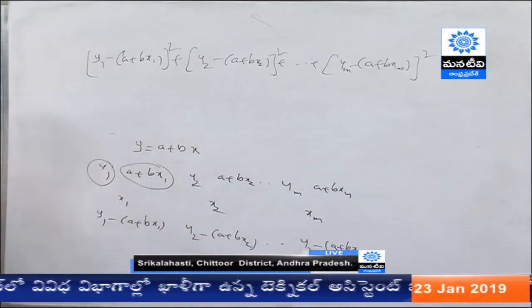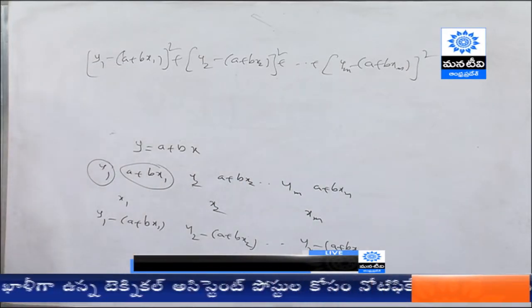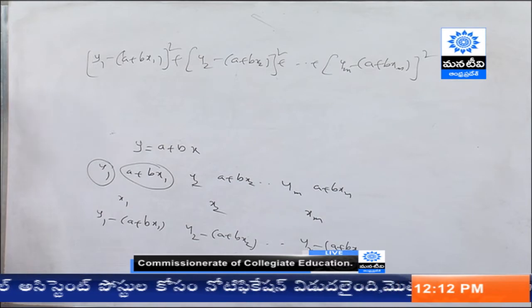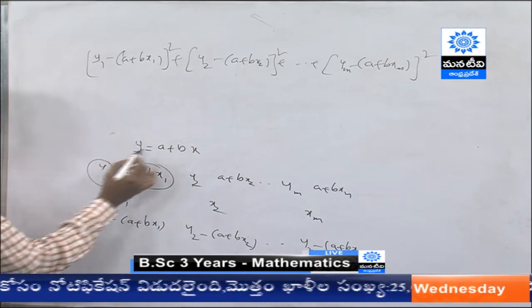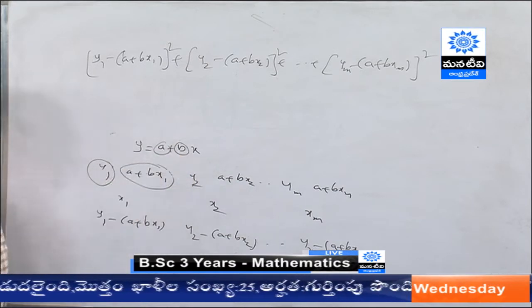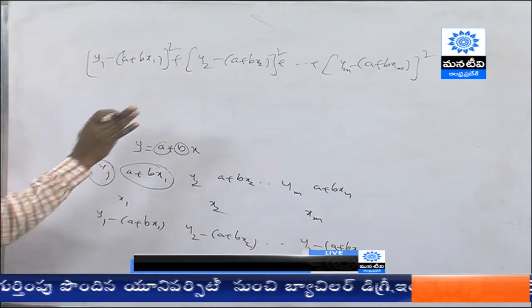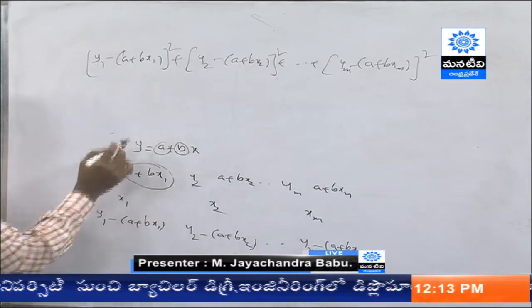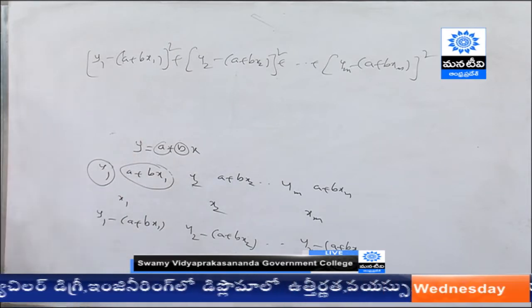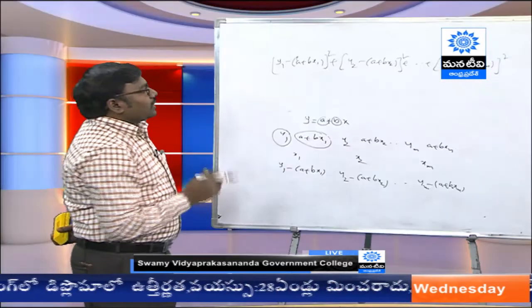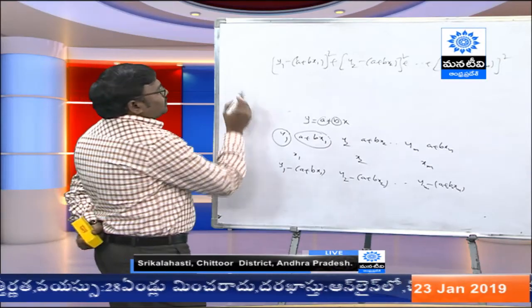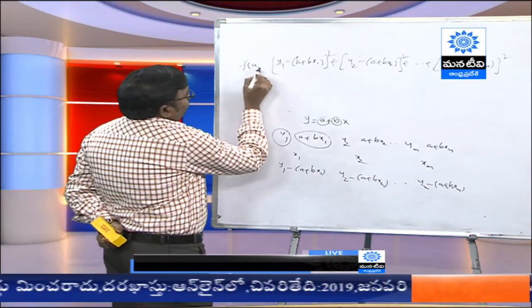This is nothing but the sum of squares of the error. Our task is getting the values of a and b by minimizing this error. Here y1, x1, y2, x2, ym, xm are all known values, so the only unknown values are a and b. So, you can say this is a function of a comma b.